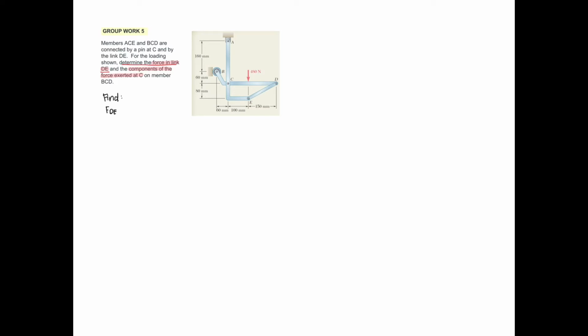Then the components of the force exerted at C. Yeah. Instead, we need to find the value of Cx and Cy on member BCD. Means that we have to use this one in order to find Cx and Cy.